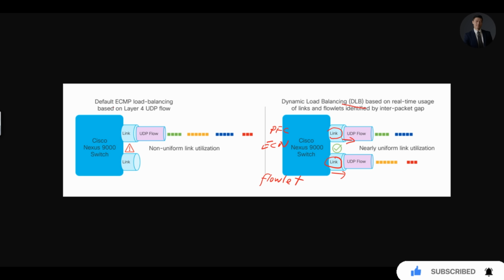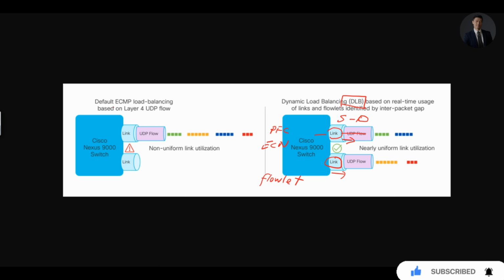So the DLB here helps to maintain a lossless, low latency network fabric. Also, the DLB supports static pinning, which allows administrators to fix the traffic from a specific source to a destination when needed to use a specific link.